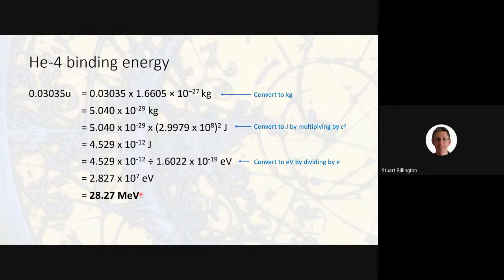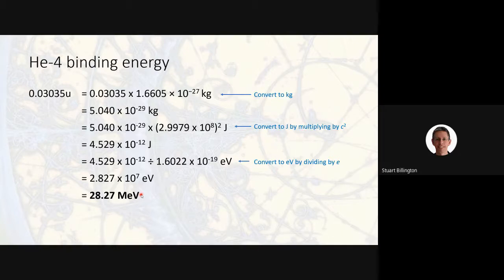Whereas if I make a nucleus with only 4 particles in it, then there's only 4 lots of energy that's come out. So if we were to start comparing the binding energies of different nuclei, it wouldn't be a fair comparison, and we wouldn't learn much from it beyond the biggest nuclei have the biggest binding energies.